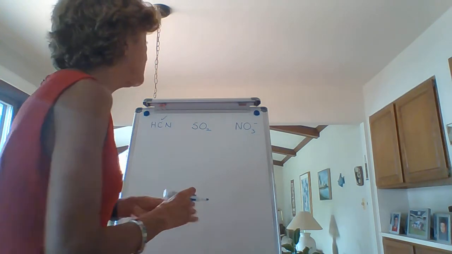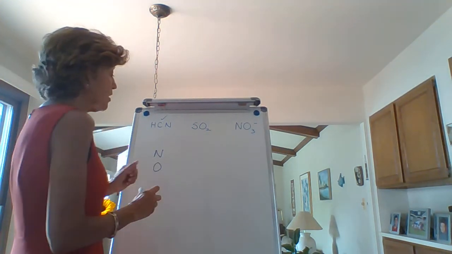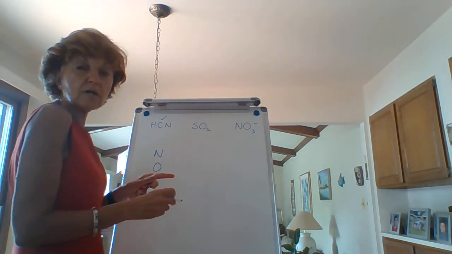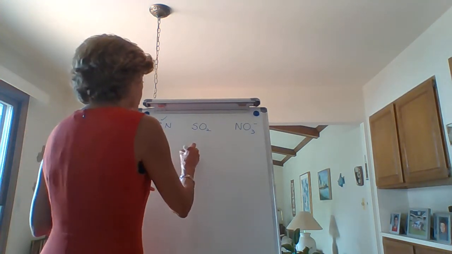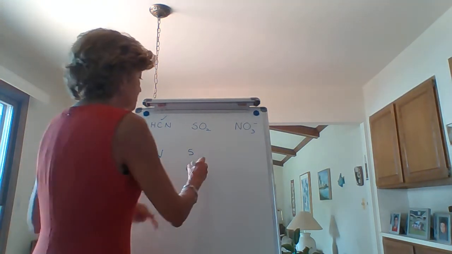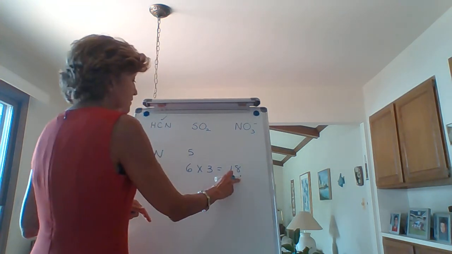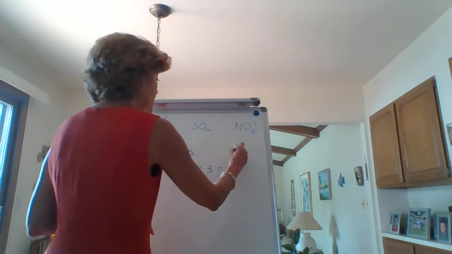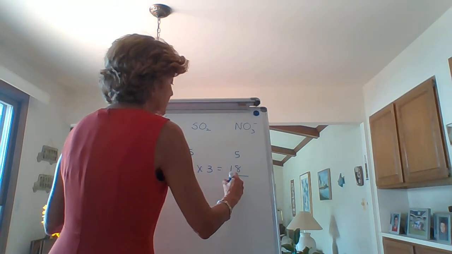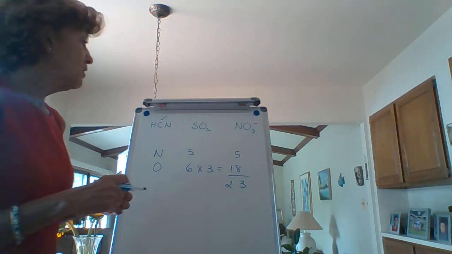All right, so this is the nitrate polyatomic ion. We have a nitrogen and we have 3 oxygens. Nitrogen's valence electron, 5. Oxygen's valence electron, 6. But I have 3 of them, so that's 6 times 3 is 18. Plus 5, you end up with 23.